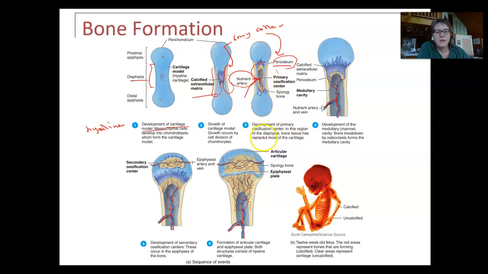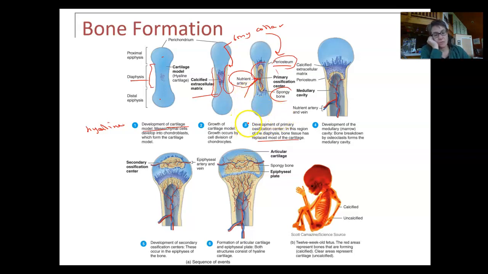And I will have the cartilage cells dying off and bone cells replacing it with spongy bone. Okay, and that's what it even says here, right? Spongy bone.